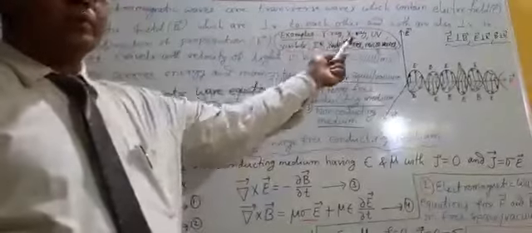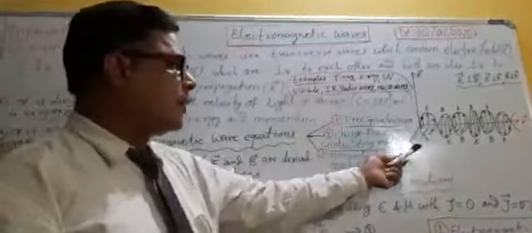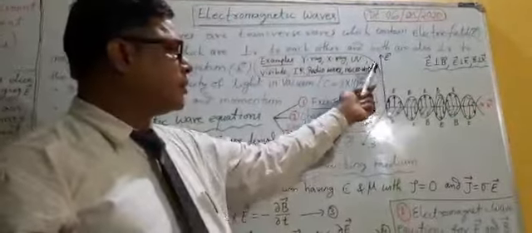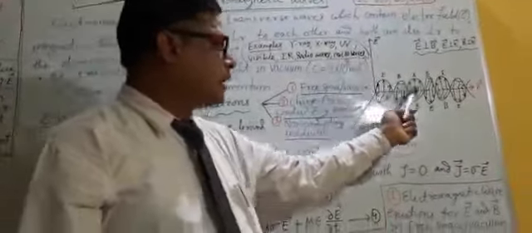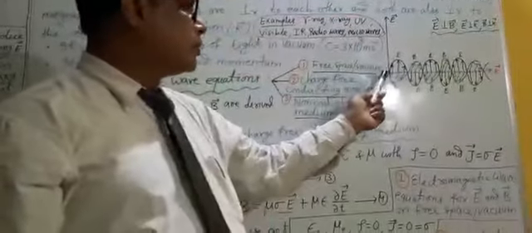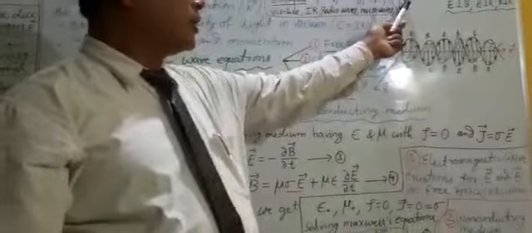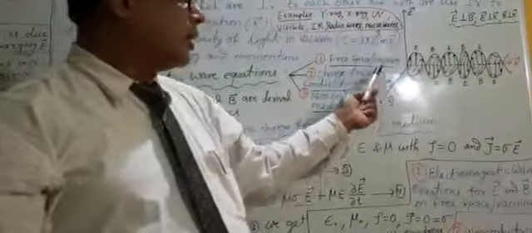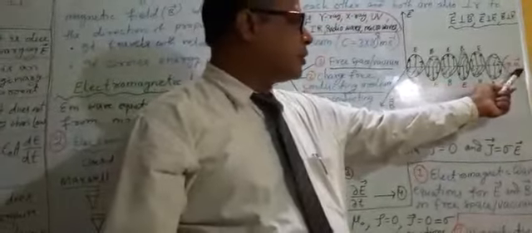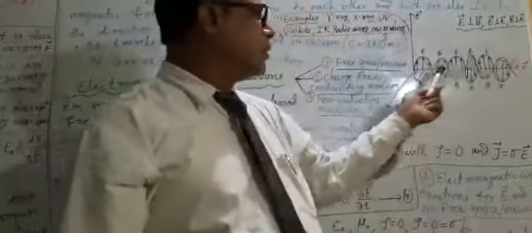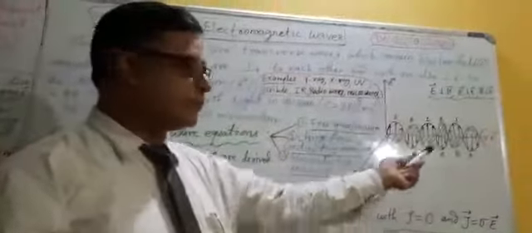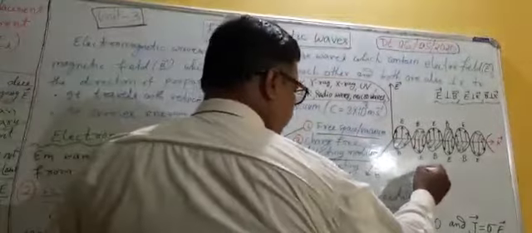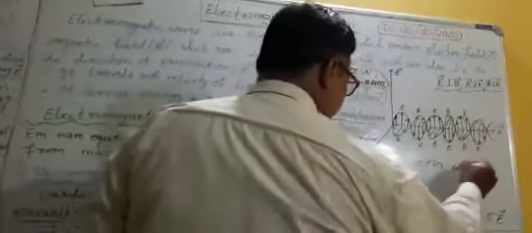So these are the examples of electromagnetic waves. And if you think about the direction, if you think this is your y-axis, this is x-axis, and z-axis. So y-axis let it is electric field vector, z-axis let it is magnetic field vector, and it is your direction of propagation vector k. Then all are perpendicular to each other. So it is your electromagnetic wave.